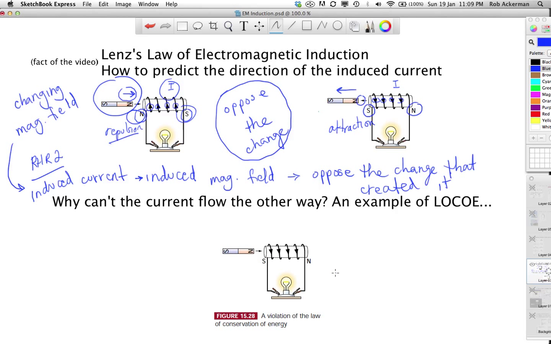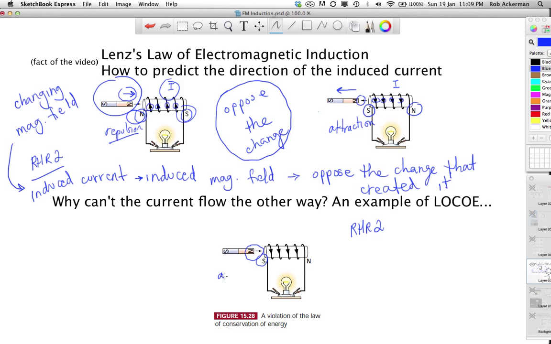Well, here's the answer. If you try to imagine the reverse situation happening, which is shown in this diagram, for example, a north pole being inserted, if the current were to flow the other way, try right-hand rule number 2 here, you'll see that a south pole is being created at the left.